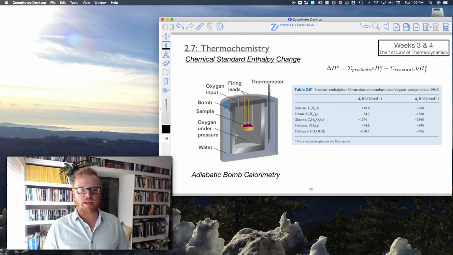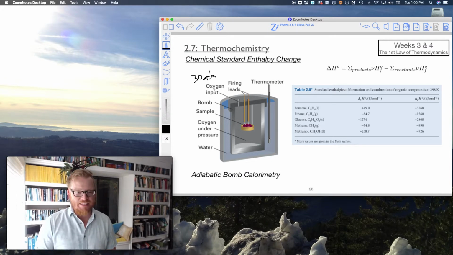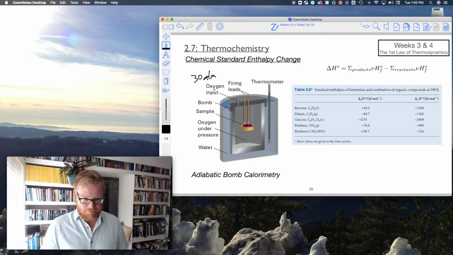And so typically, for the unit we have in the lab, we pressurize it with 30 atmospheres of oxygen, 30 times atmospheric pressure. And that's to ensure complete combustion.